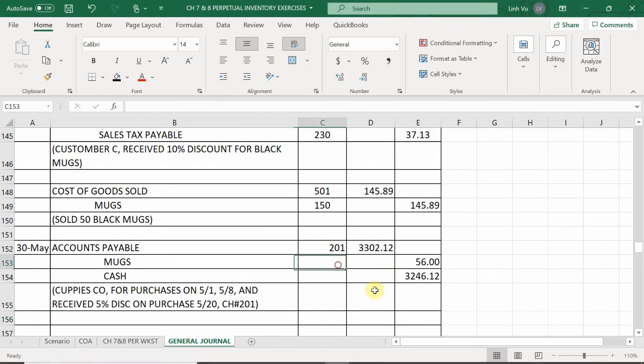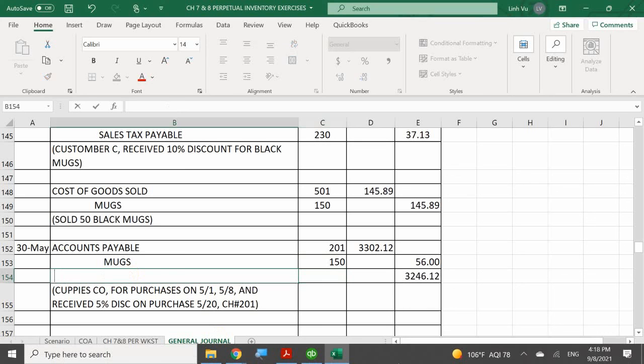Okay, so again, Mugs is account 150, and of course we didn't pay with cash, we paid with a check, so this should say checking instead of cash, which is account 101.